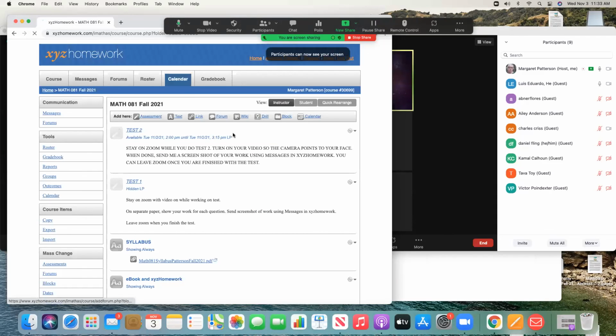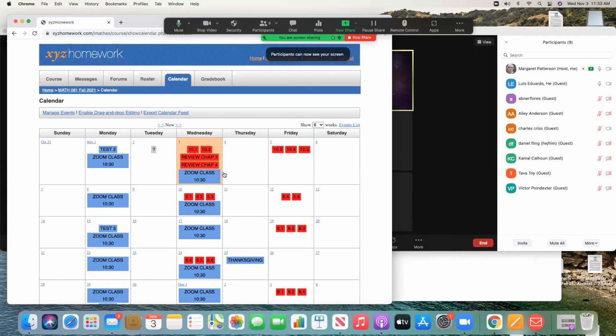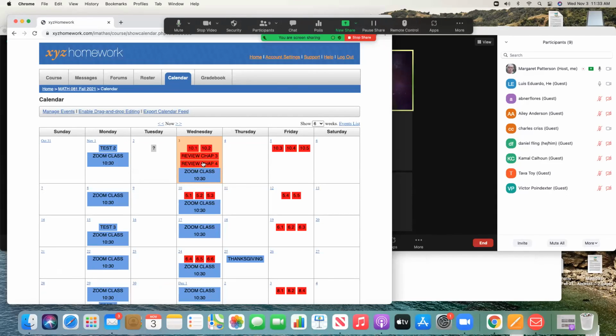Here we are, the calendar. I bring this up for 2 reasons. One, 10.1 and 10.2, the first 2 sections of chapter 10, are due tonight. If you don't have time to do them, use a late pass for each one. The rest of this is due Friday, and so we'll do these positive and negative numbers this week and then move back to chapter 5.